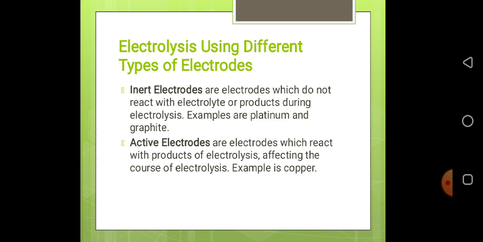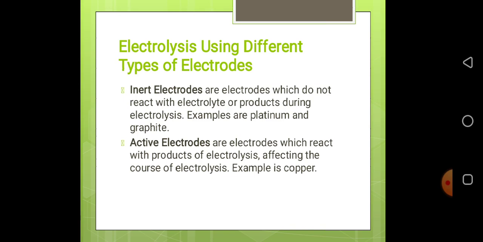Electrolysis using different types of electrode. Inert electrode. What do we mean by inert? We mean an element or anything that does not react, that does not accept or gain anything from anybody.